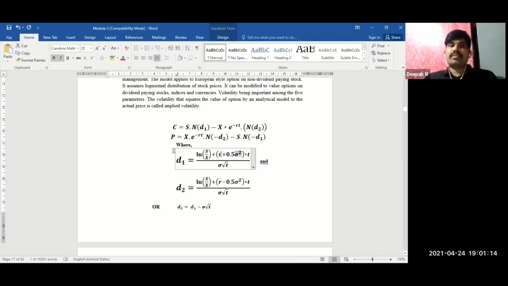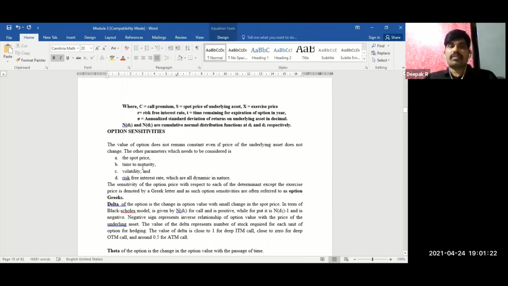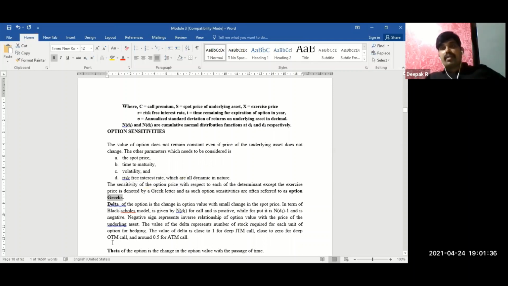The sensitivity of the option prices to each aspect, which is spot price, time to maturity, volatility, and risk-free rate, is indicated by each term. These are referred to as option Greeks. They will come up with various option Greeks and try to examine whether it is going to be favorable or not favorable whenever they make such calculations.